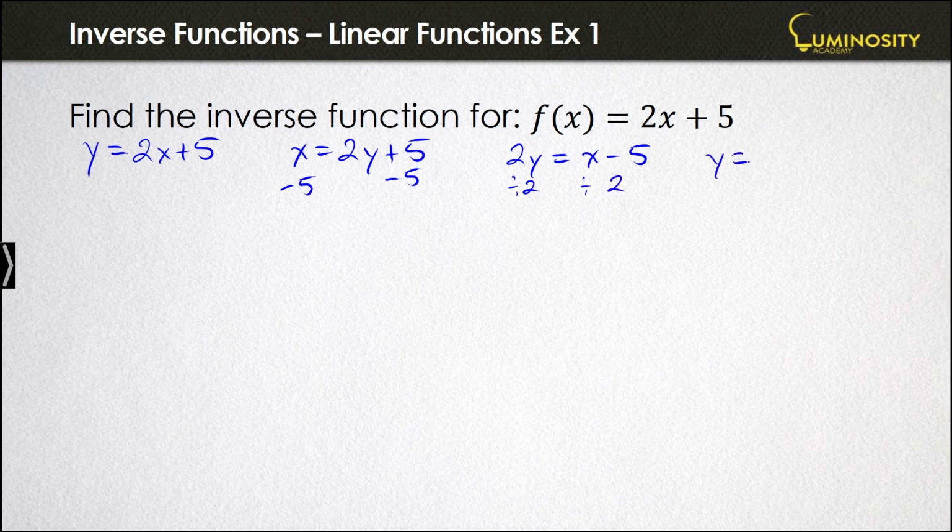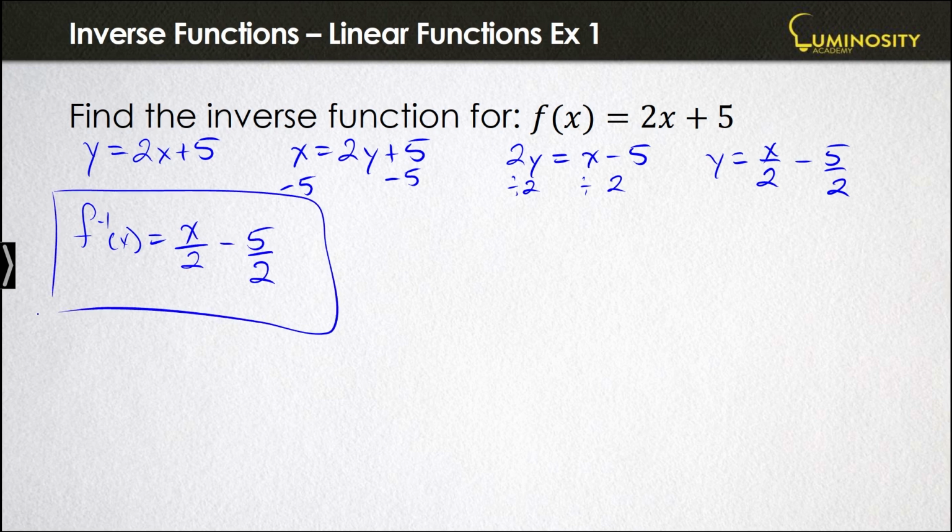So we get y equals x over 2 minus 5 over 2. This is close to being done, but not quite, because we haven't put it in function notation yet. So you'd say the inverse of f of x is x over 2 minus 5 over 2. And now this is done.